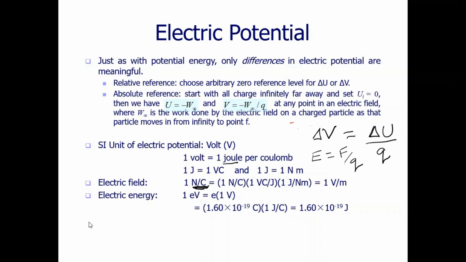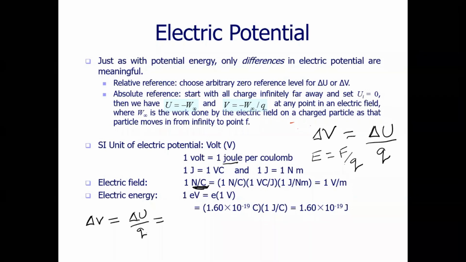We know that, let us start from here. This change in the potential is basically equal to the change in the potential energy per unit charge. So what is the change?